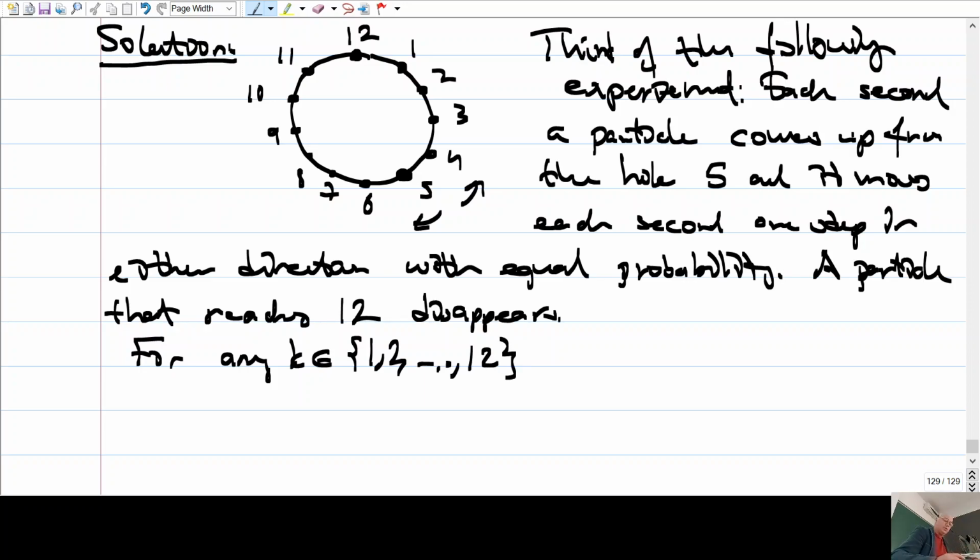So this is our kind of probability space, let's say omega, and we use the usual counting measure, I guess, and n is a positive integer. This is a parameter, any integer.